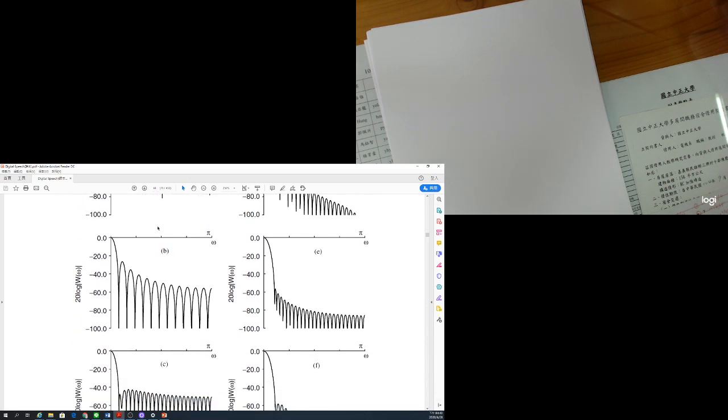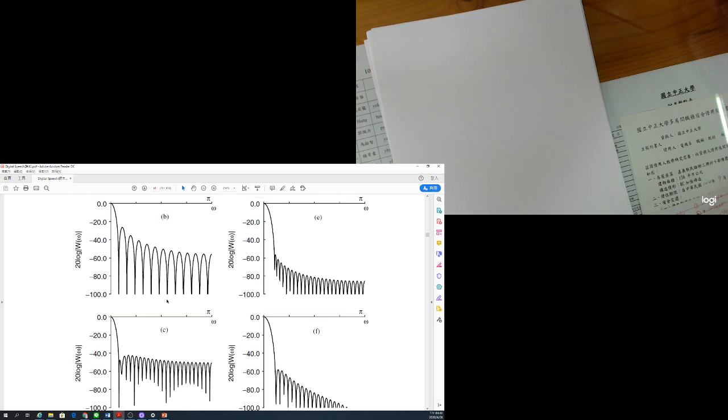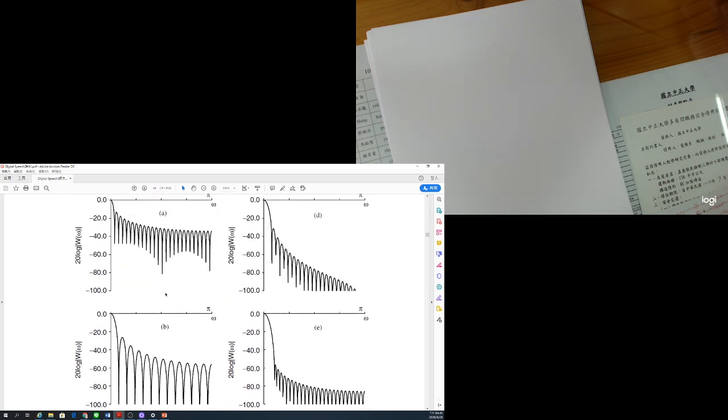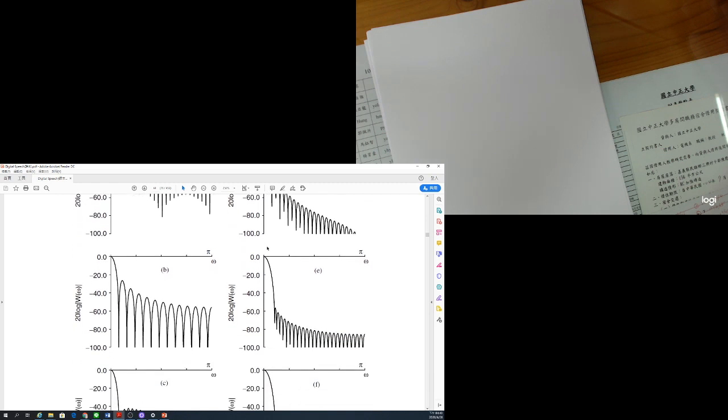Later I will give you an example of why its performance may not be good. Then there are the other filters. The Hamming window has a main lobe and side lobes, with a deviation larger than 40 dB, and the main lobe resolution is okay, not too big. The other window is similar to Hamming, but its leakage is larger than the Hamming window.